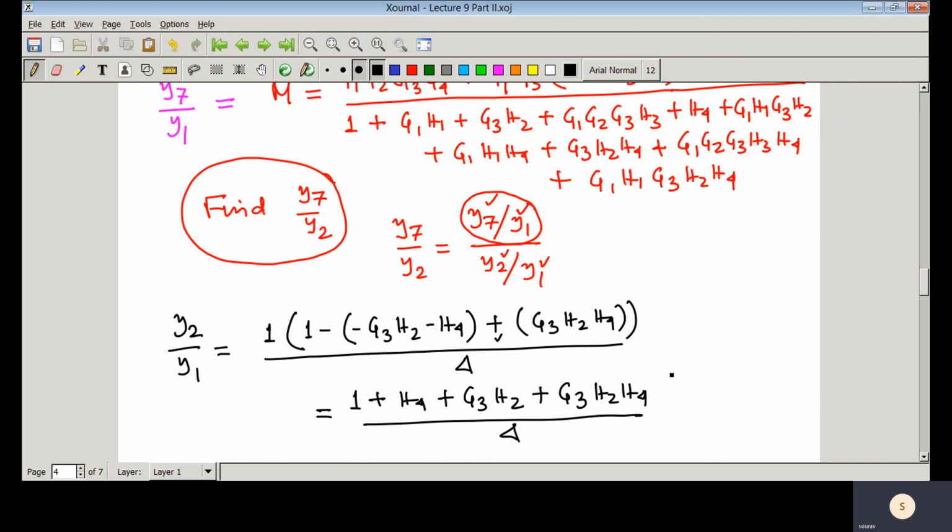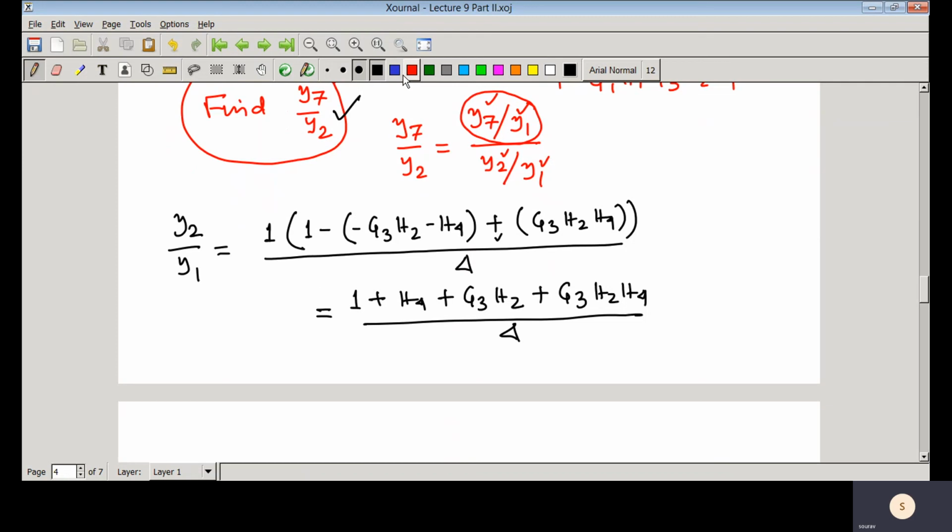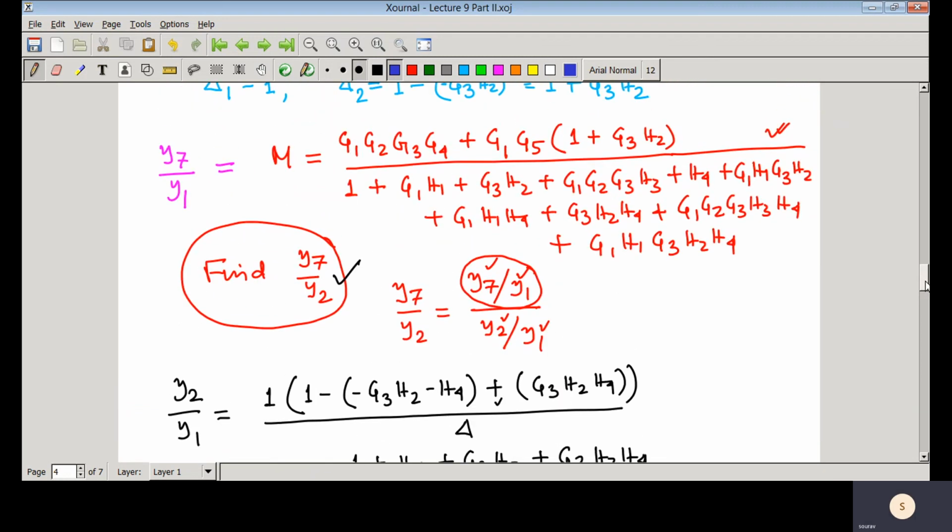Now easily we can find y7 by y2. You can write y7 by y2 equal to y7 by y1 divided by y2 by y1. What is y7 by y1?